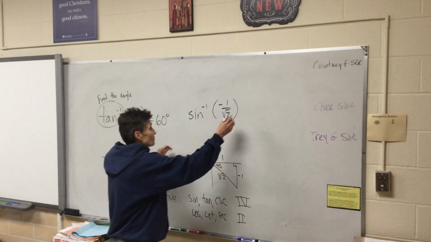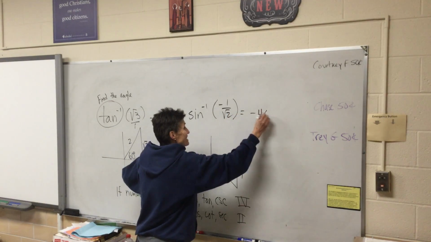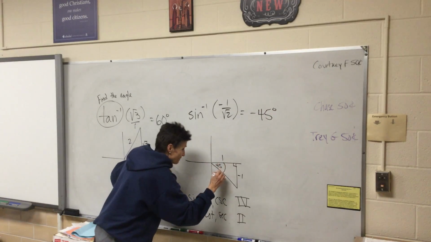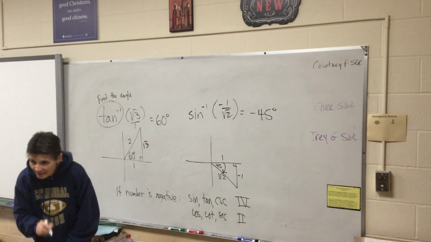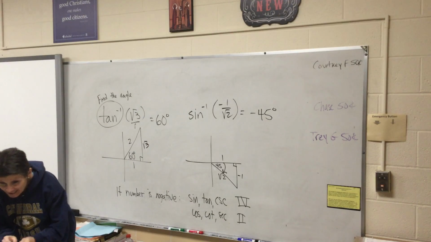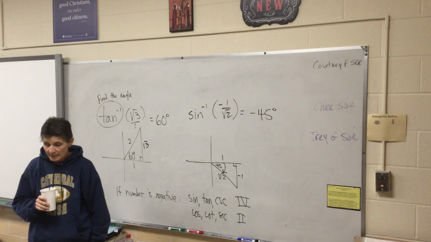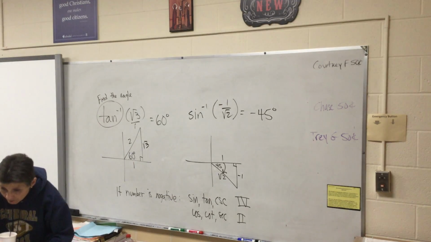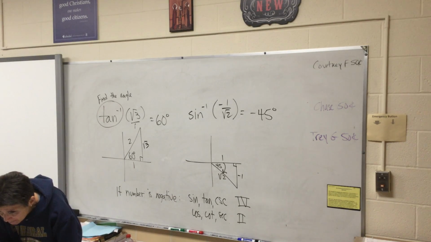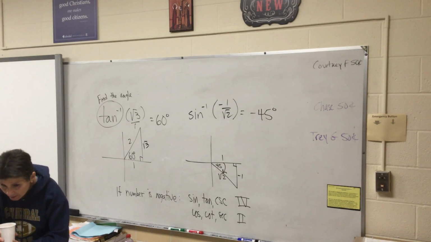The answer to the question is negative 45 degrees. Does it make sense to you that I said negative 45 degrees? Is it because it's looking at the negative one?